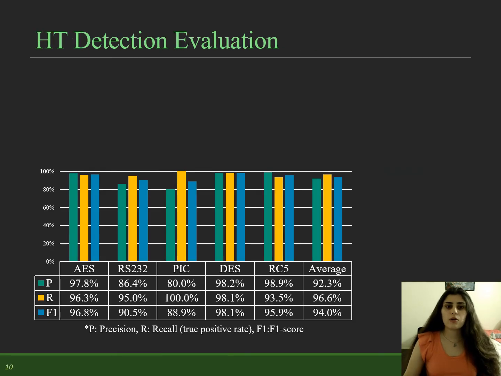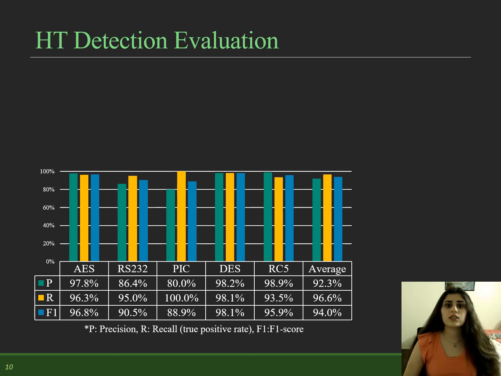We evaluate our model using a dataset that we have gathered by expanding the Trojan benchmarks derived from Trust-Hub. For evaluation metrics, we look into recall, precision, and F1 score. Recall expresses the model's ability to detect the hardware Trojans, but it's not sufficient, especially when you have an unbalanced dataset.